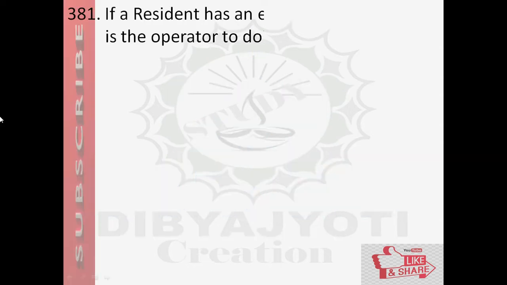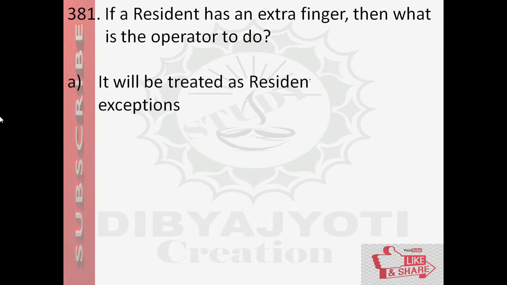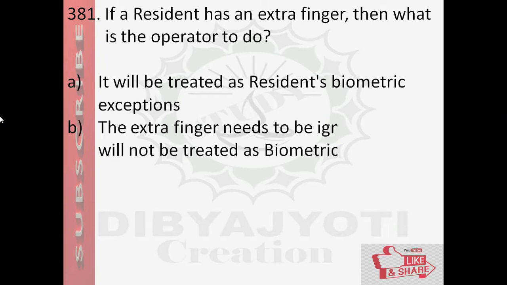Question number 381. If a resident has an extra finger, then what is the operator to do? Options are: A, it will be treated as resident biometric exception. B, the extra finger needs to be ignored. This will not be treated as biometric exception.